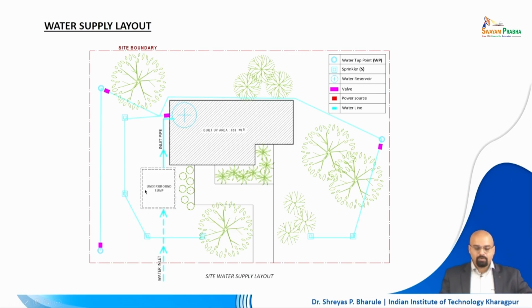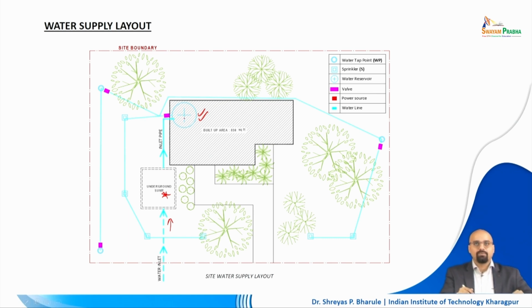In the underground water sump you are storing the water. From here you have the inlet pipe which goes directly to your overhead water reservoir, right. So, here is where your overhead water reservoir is. You have your water coming in from here, it is being stored in this particular location and then you go on top and store that water supply there.